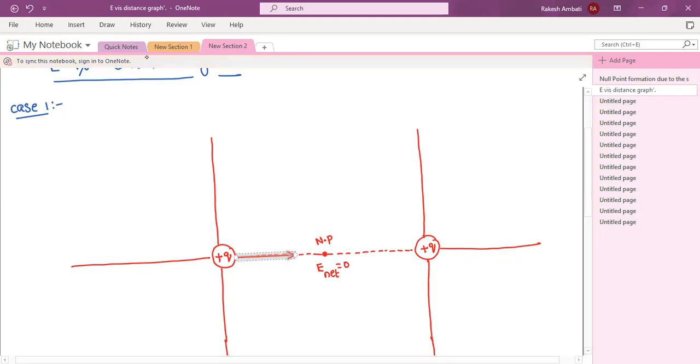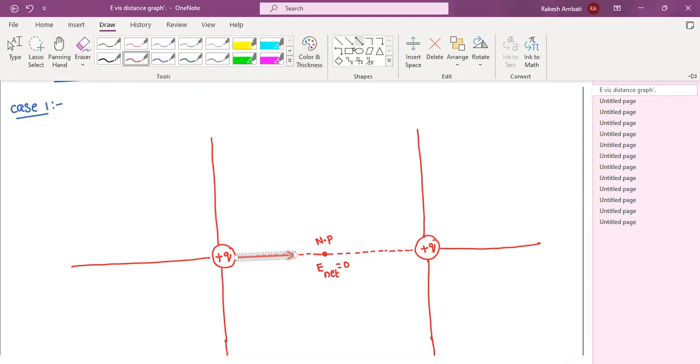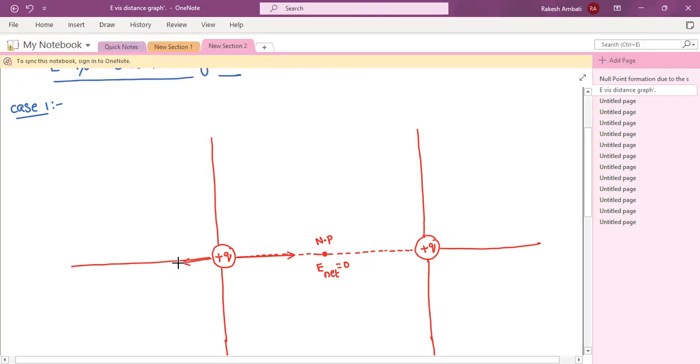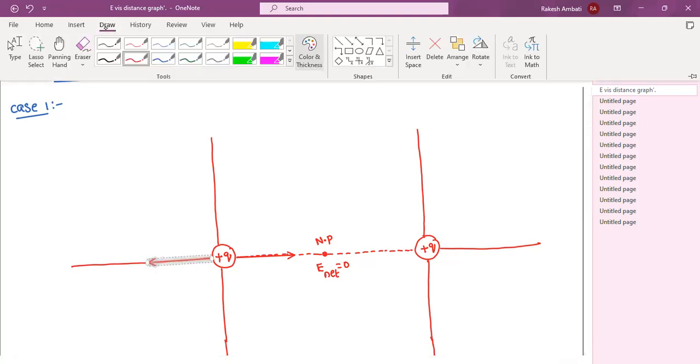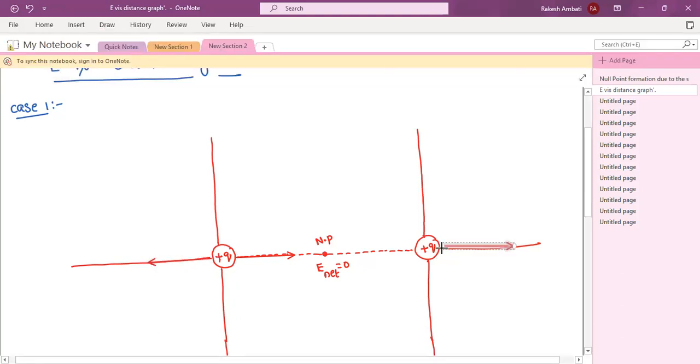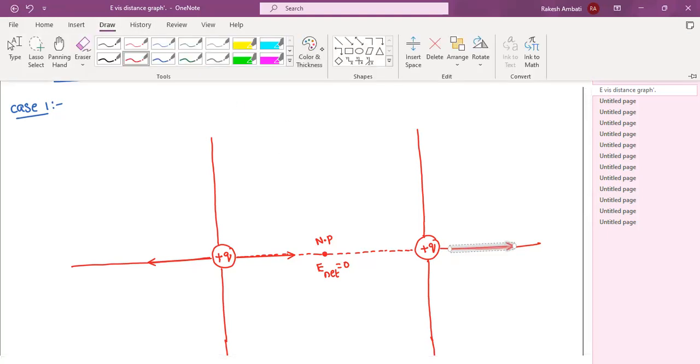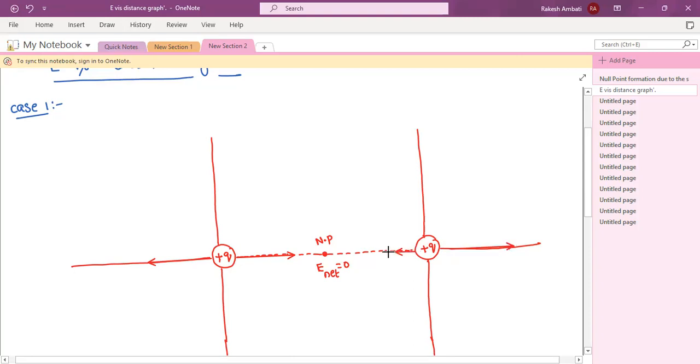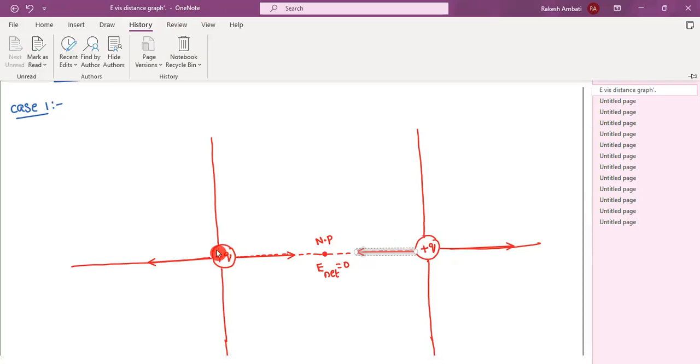Same thing here, on this side also, the direction of the electric field due to a positive charge is away from the positive charge.